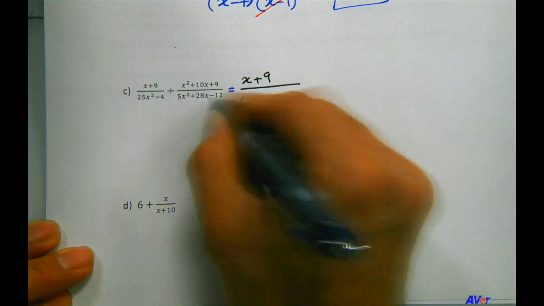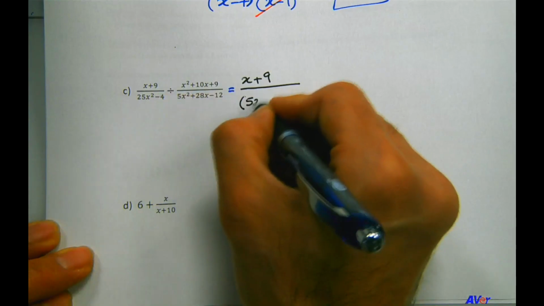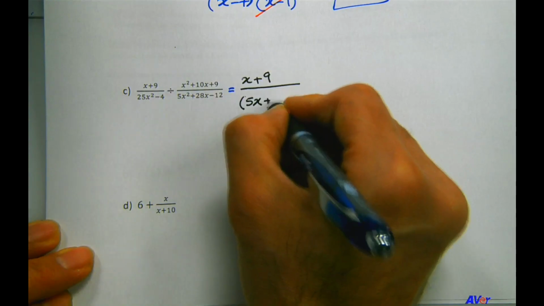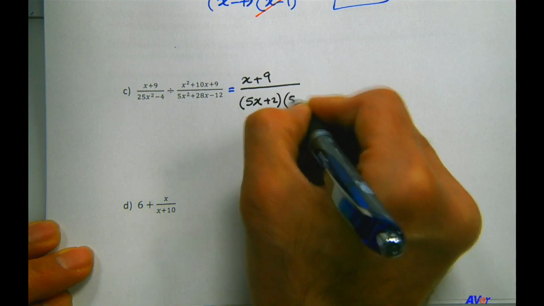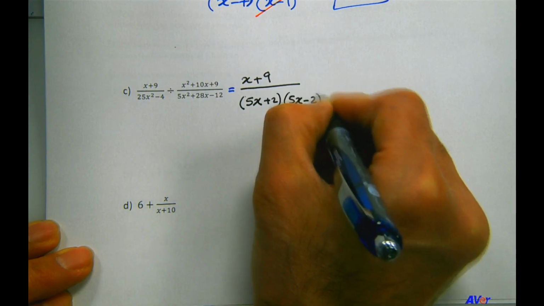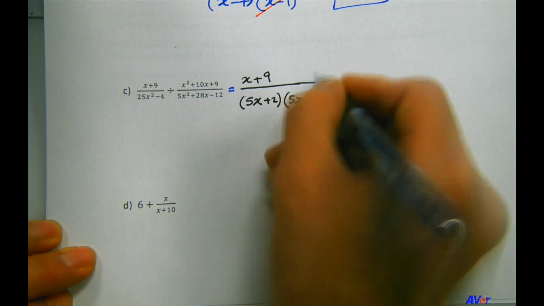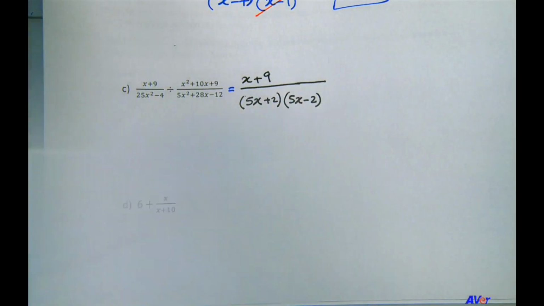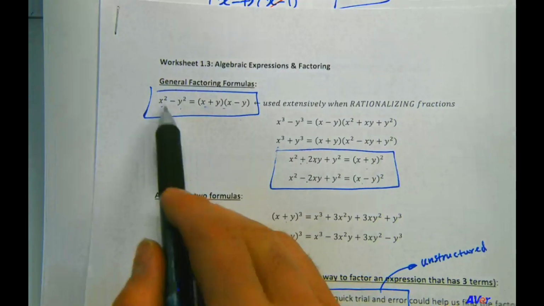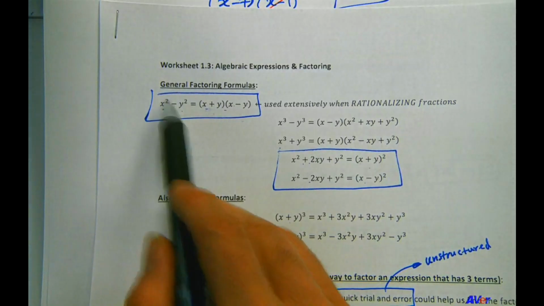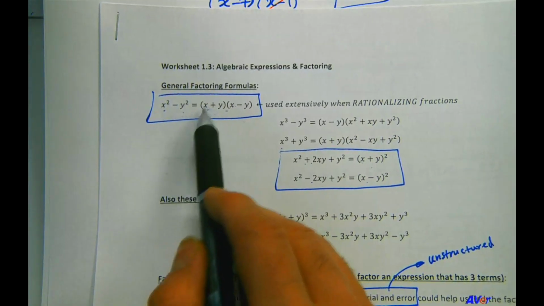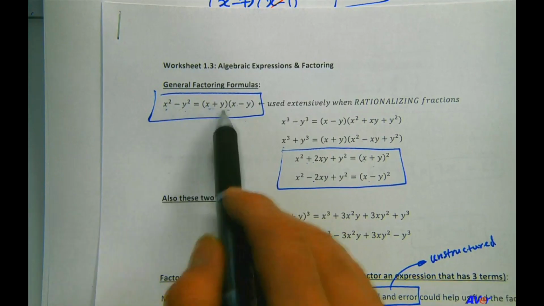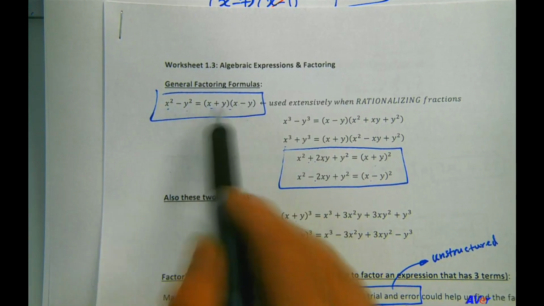So we can factor this out as (5x plus 2) times (5x minus 2). Again, I'm making use of this special product: perfect square minus perfect square is equal to (x plus y) times (x minus y).